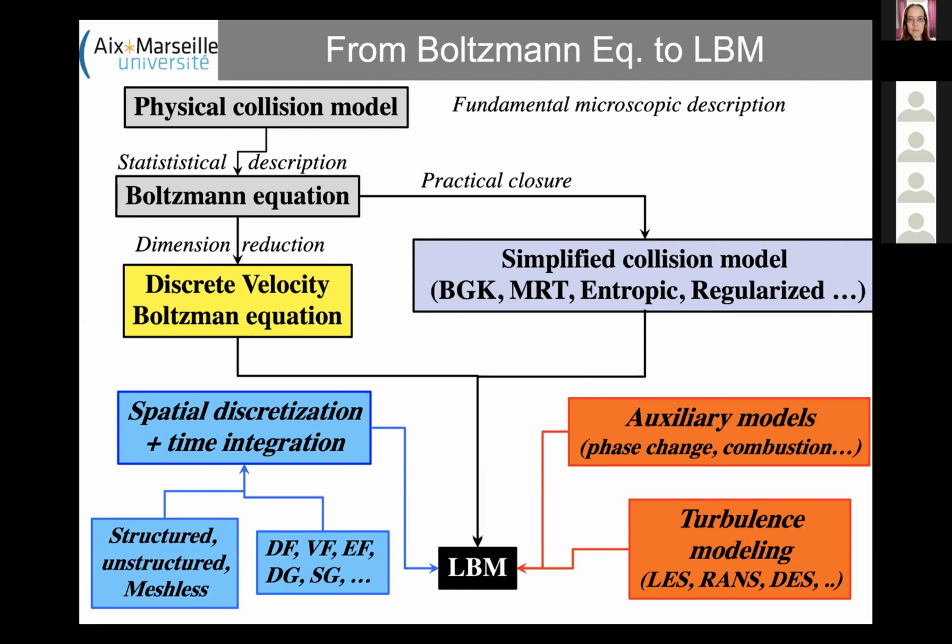And once you have done all these things, you get your LBM method. Just to show you that if you change only one piece in the puzzle, for example, switching from finite difference to finite element, of course, you will get another method with possibly very different features in terms of stability and accuracy.